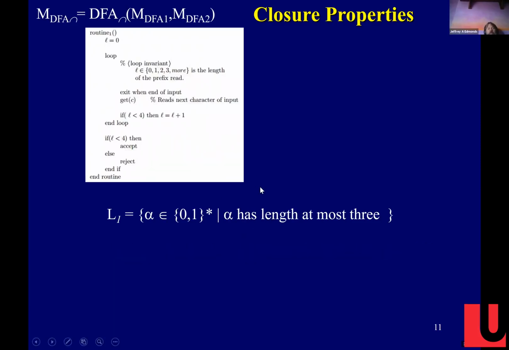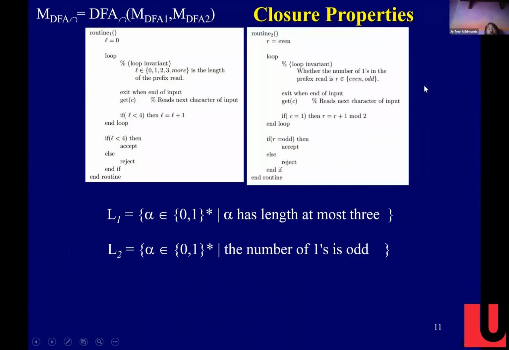So here's a machine that calculates whether the string has length at most 3. It just counts the length and sees if it's at most 3. Here's another language that asks, does the string have an odd number of ones?